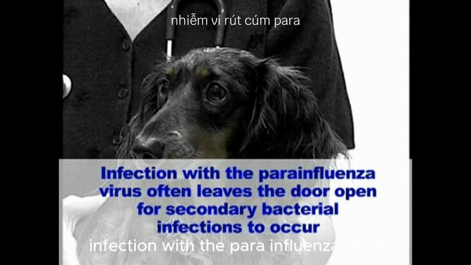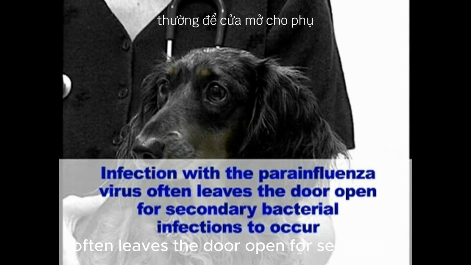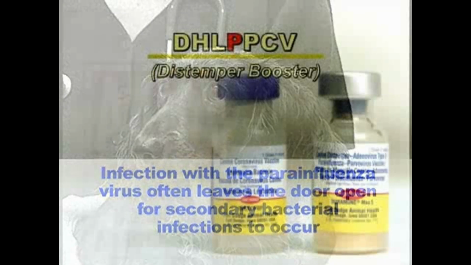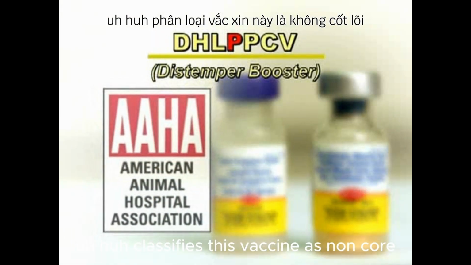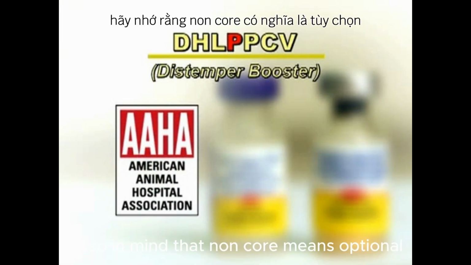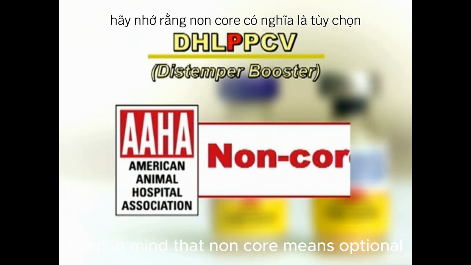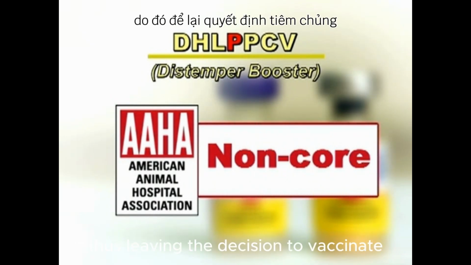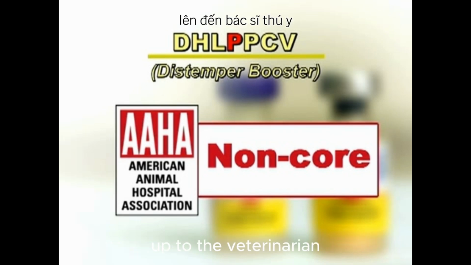Infection with the parainfluenza virus often leaves the door open for secondary bacterial infections to occur. AHA classifies this vaccine as non-core. Keep in mind that non-core means optional and depends on geographic and lifestyle exposure, thus leaving the decision to vaccinate up to the veterinarian.